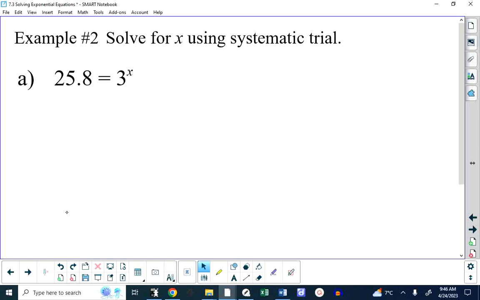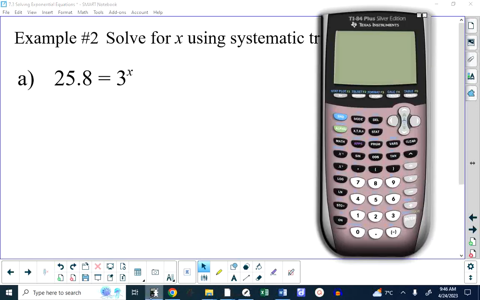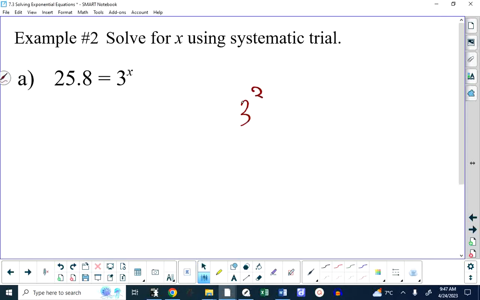So what is the basic idea behind trying to find an answer here? It's saying that 3 raised to some number gives 25.8. Now, I happen to know that 3 squared is 9. Well, that's not 25.8. And I know that 3 cubed is 3 times 3 times 3, which is 27.